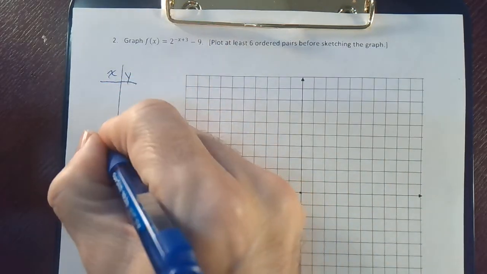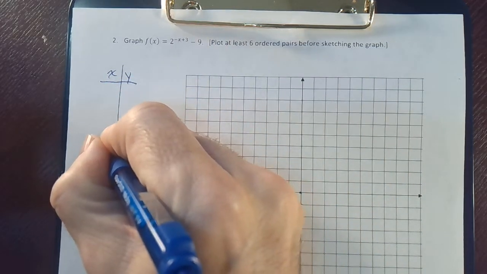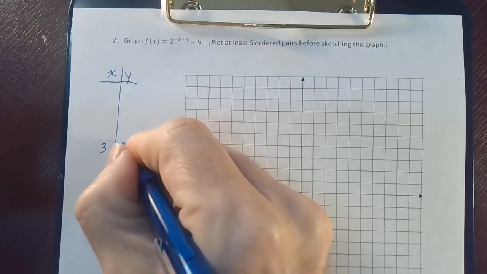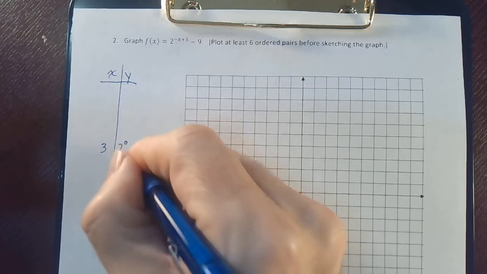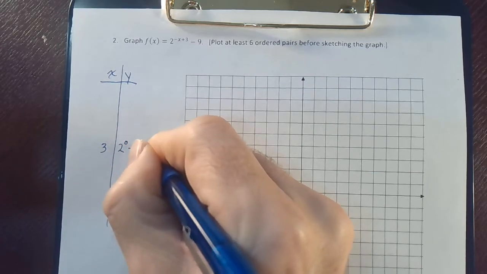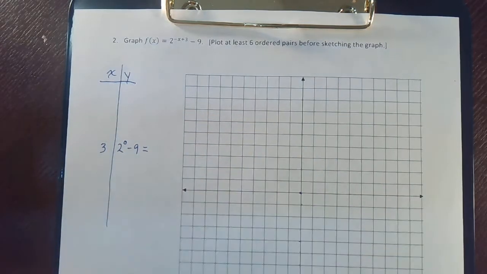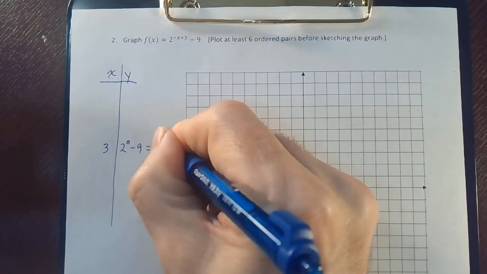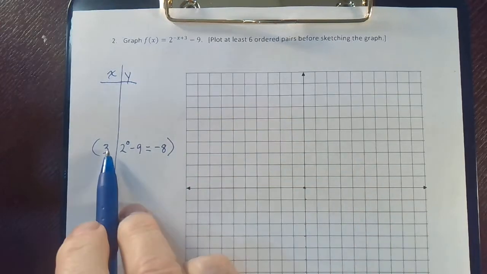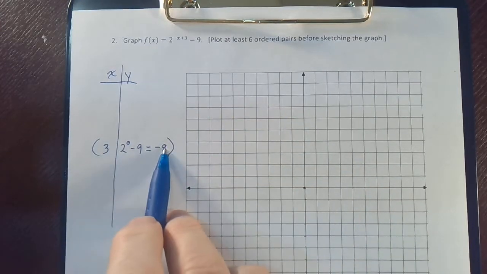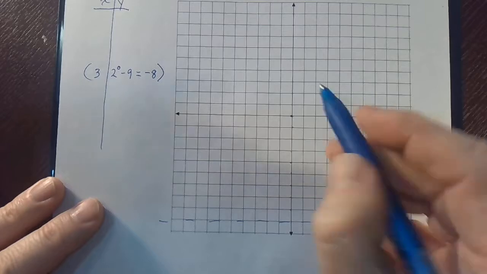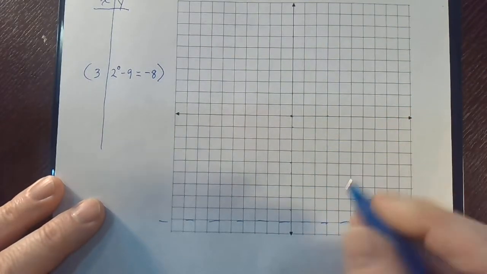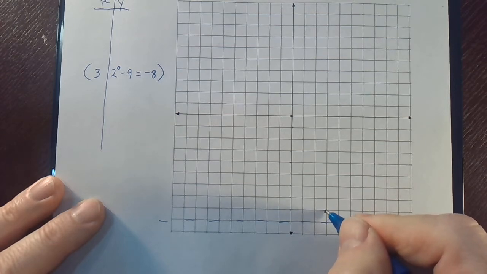I'm going to start here with 3, and that would give me 2 to the negative 3 plus 3, which is 2 to the 0, minus 9. Remember that 2 to the 0 is equal to 1. So 1 minus 9 is going to give me a negative 8. So the ordered pair I'm going to plot is 3 comma negative 8. Let's go ahead and plot that. 1, 2, 3. And I know that's negative 9, so this will be negative 8 right here.